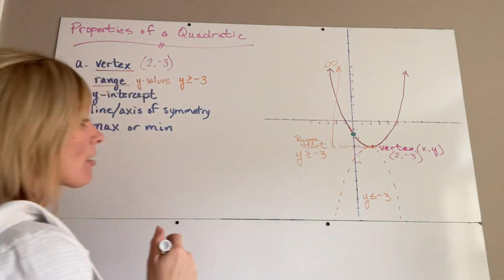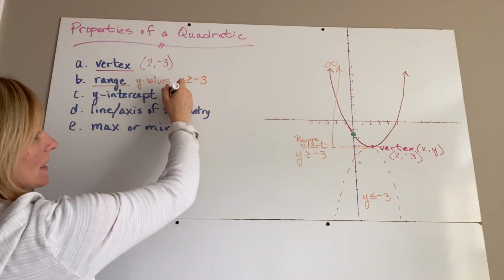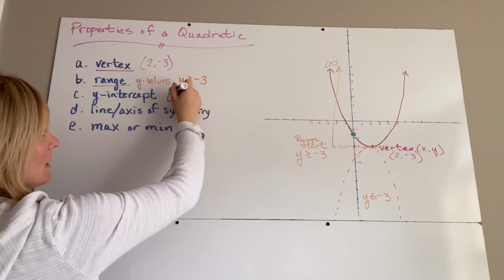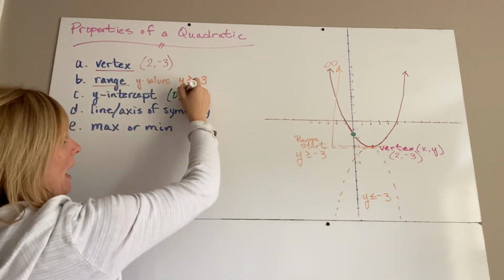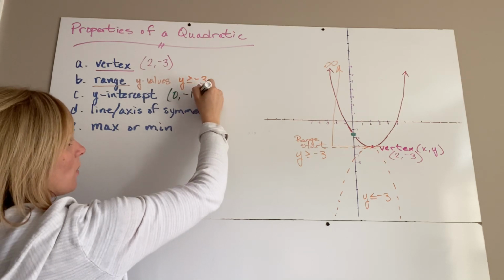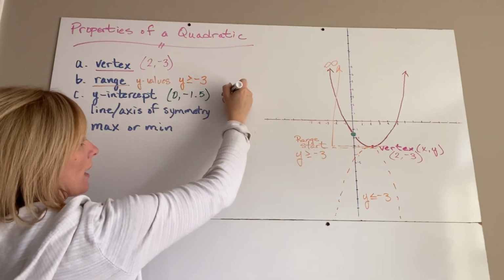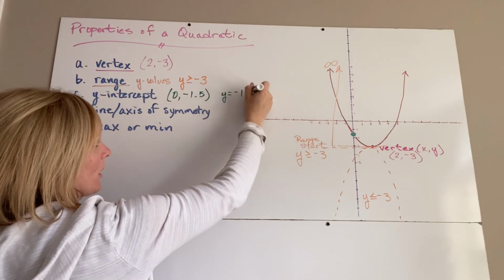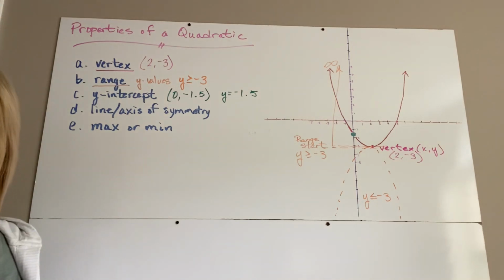Can we pick it out on a graph? Remember, the y-intercept is where it crosses the y-axis. So in our case, it's going to be at 0 for the x value, because x hasn't moved left or right, and -1.5. Or we could also say y equals -1.5. So there's the y-intercept.